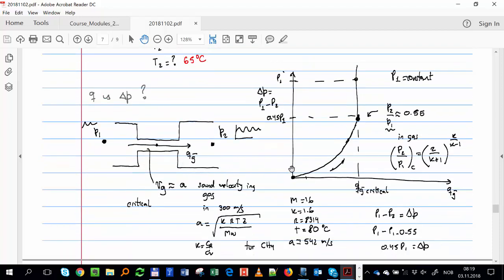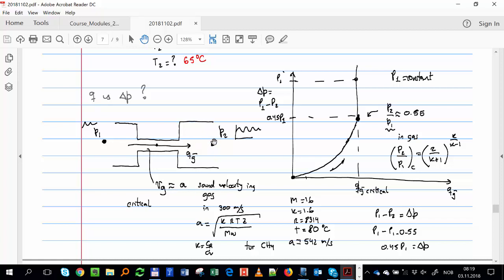Then we said that the choke delta P versus Q, remember we're always looking either at the available pressure, either our discharge pressure versus rate. Okay, that's the curves that we are looking at. So it does something like that in the subcritical regime, and then at some point I reach critical flow at the throat, okay, where the velocity of the fluid gets equal to the sound velocity in the gas.